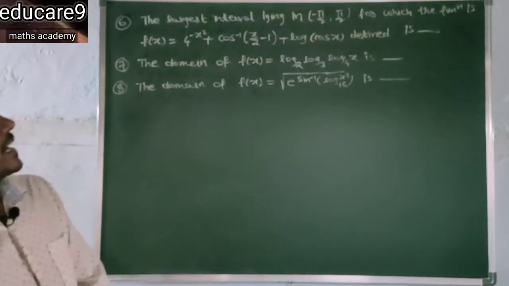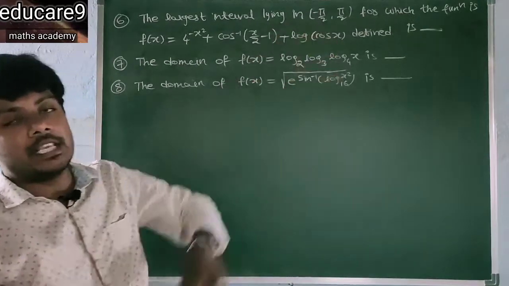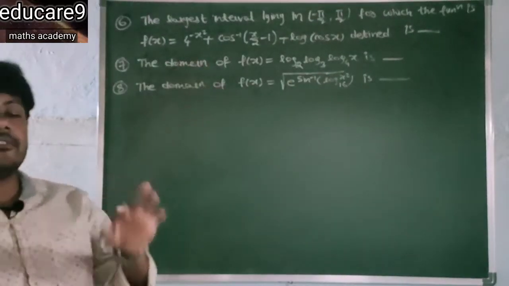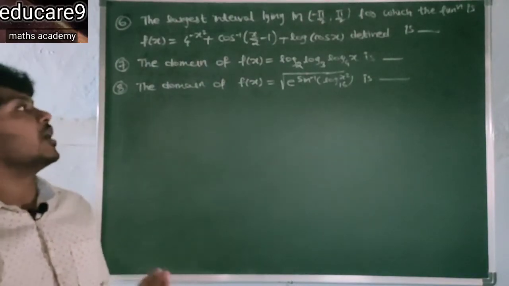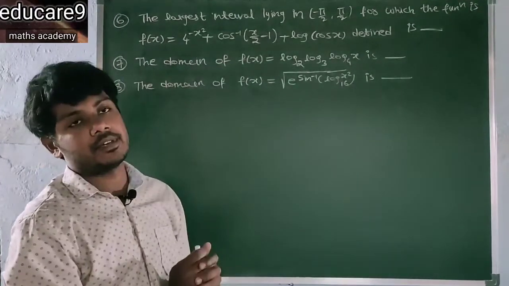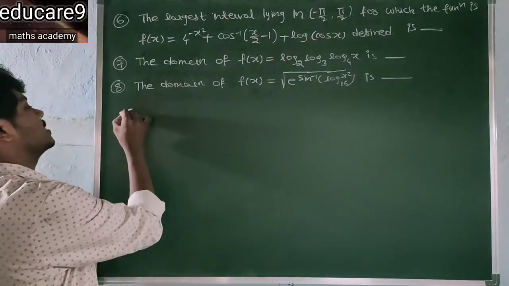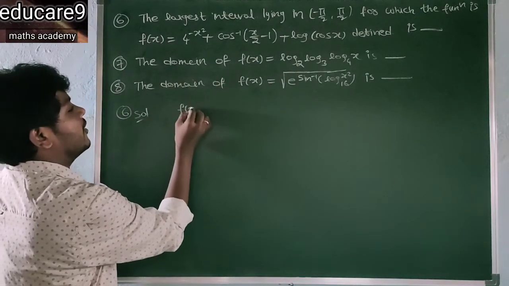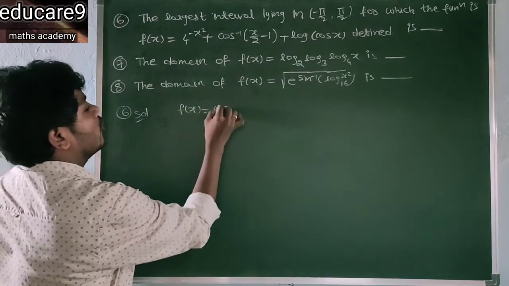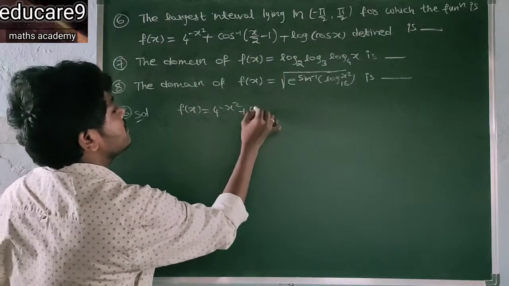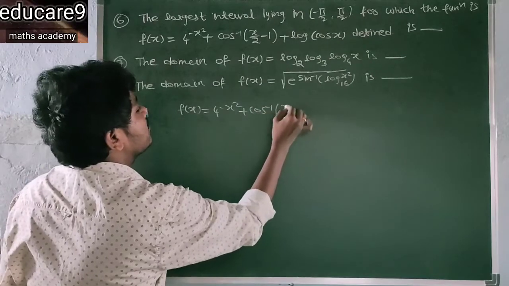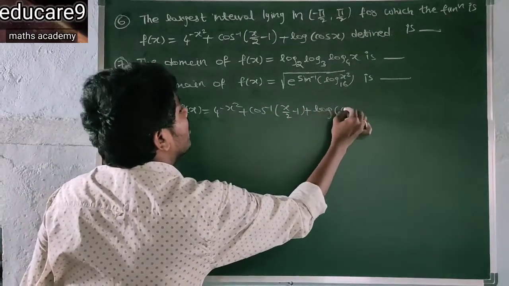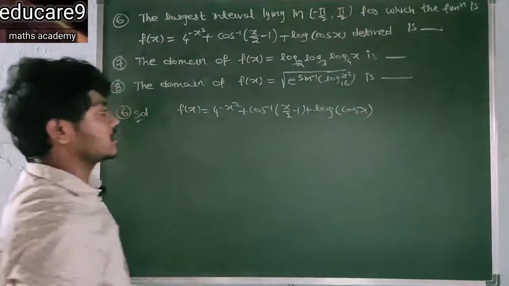The largest interval lying in minus pi by 2 to pi by 2 for which the function is defined. So it means you want to find the domain of f(x). See here, question number 6. Given f(x) is 4 power minus x square plus cos inverse of (x by 2 minus 1) plus log of cos x.